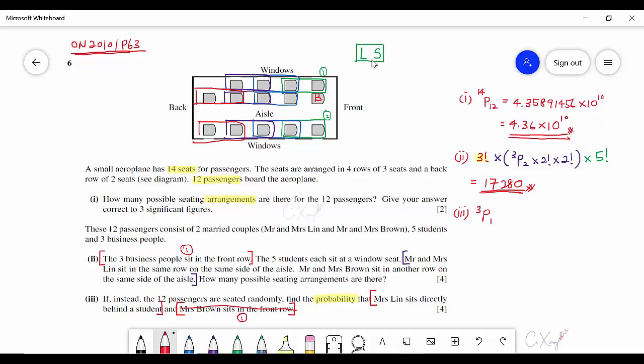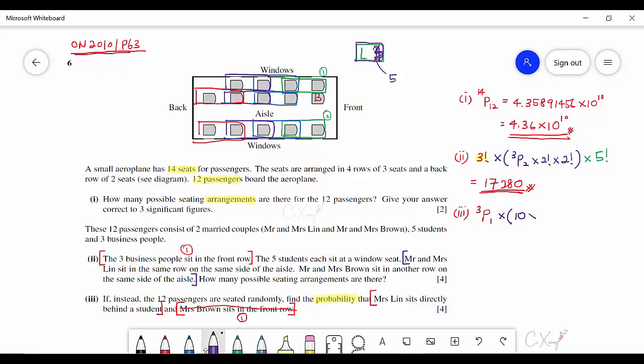So what we have here, I multiply it with 10. The 10 here is the seating for Mrs. Lin behind the student. Then, because we have 5 different students, this one can be student number 1, 2, 3, 4, and so on.